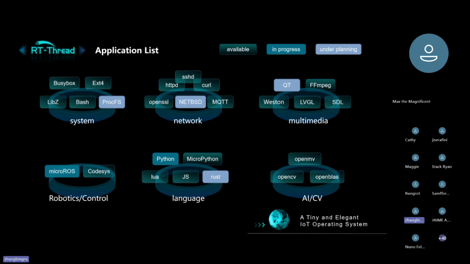For media, the supported tools are SDL2 and FFmpeg, as well as LVGL. The language category is quite rich, including MicroPython, Lua, and JavaScript as QuickJS. In the AI category, there are currently OpenMV and OpenCV.